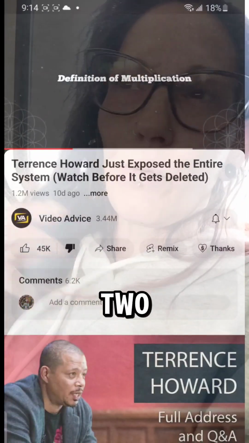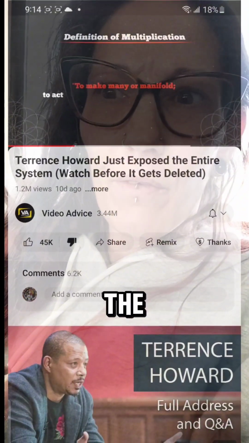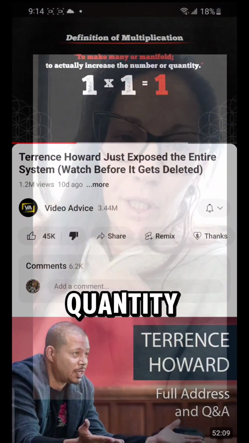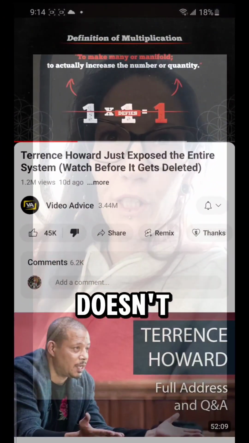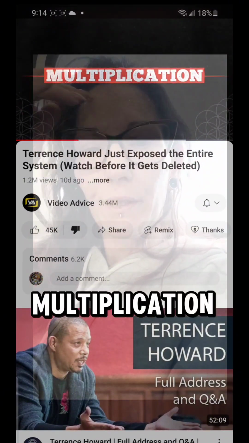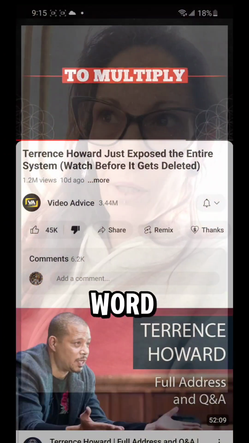And that brings up the fact of multiplication itself. The definition of multiplication, or to multiply, is to increase in number. Multiply, you know what I mean?